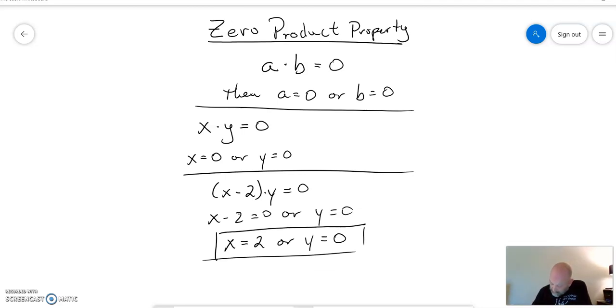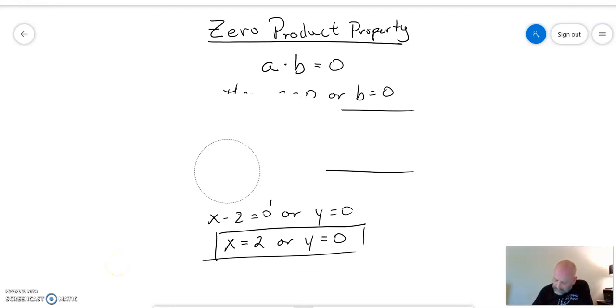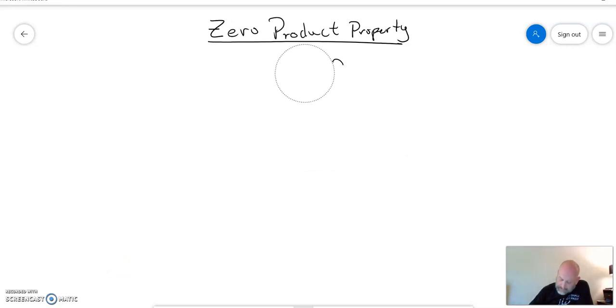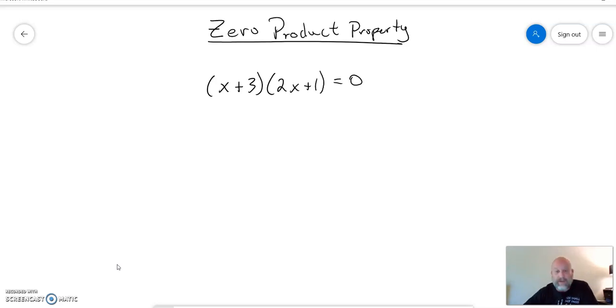Now, I'm going to erase some of this here so we can take a look at another one. Oh boy, that erased more than I thought. Okay. All right. So if I end up with something that looks like this, you notice the equal 0 is the necessary part here.